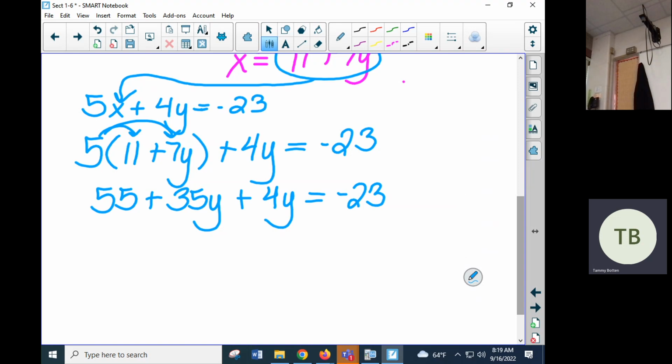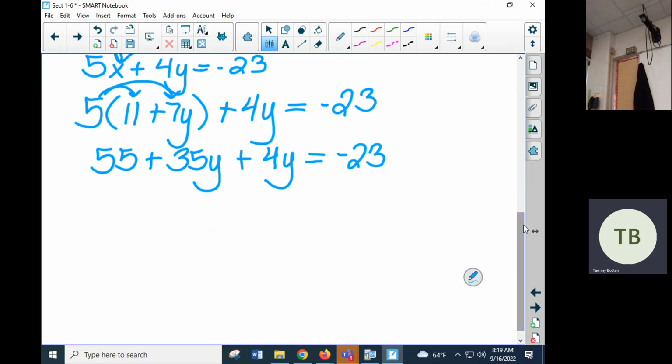So then we just keep solving for y. So what I would do next is I'd add my two y's together. 35y plus 4y, you're just combining like terms. So 35 plus 4 is 39y. And then I still have that plus 55, and it equals negative 23.